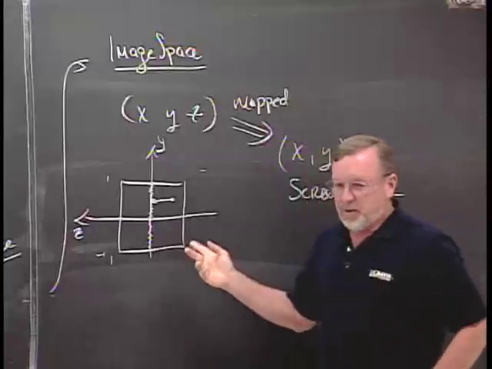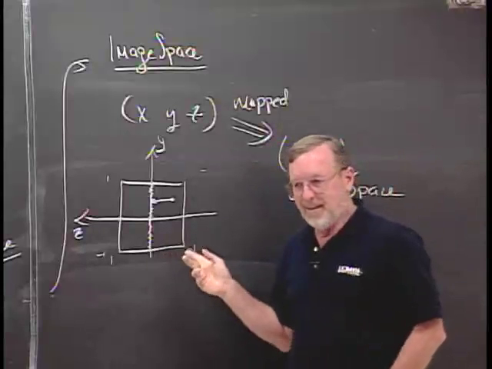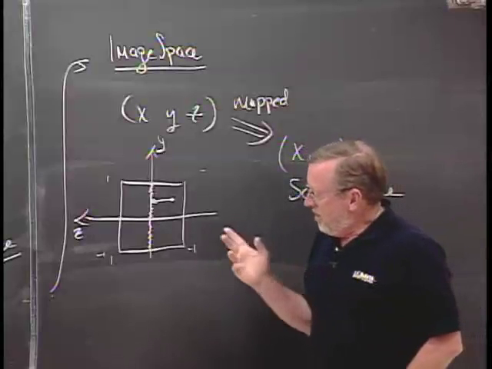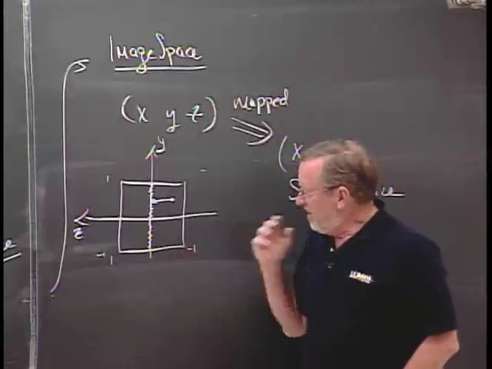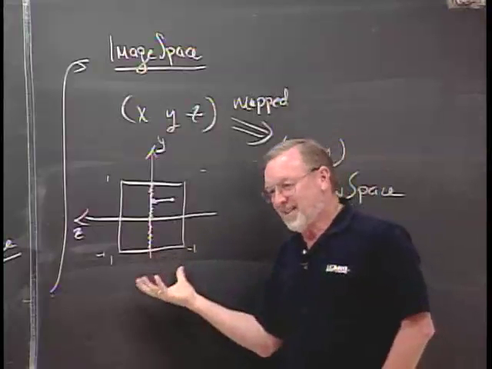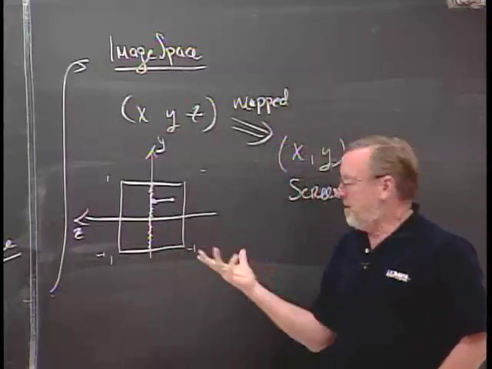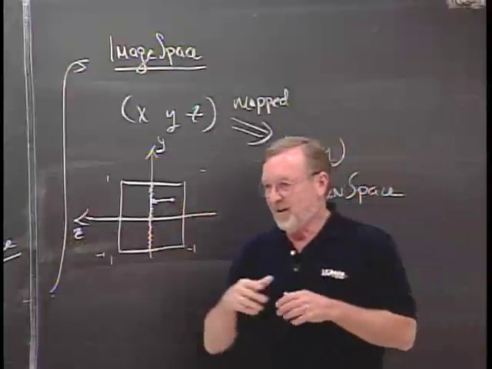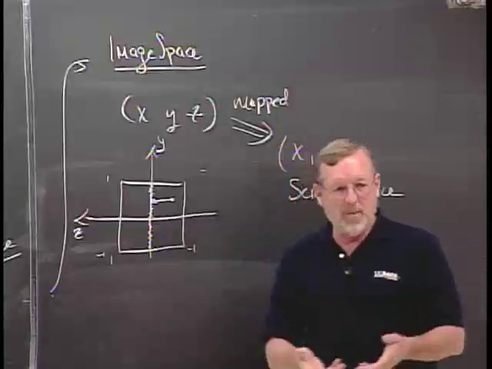Well, there's two problems with this. One is that this matrix here is non-discriminant about where the points are. It doesn't care where x, y, and z are. It happily multiplies them all in.